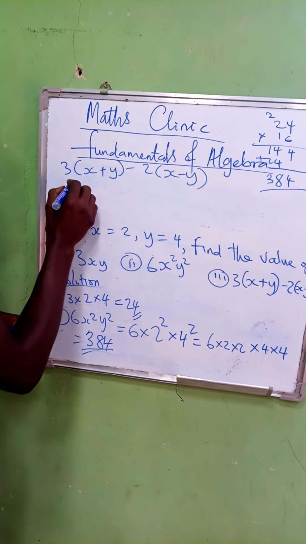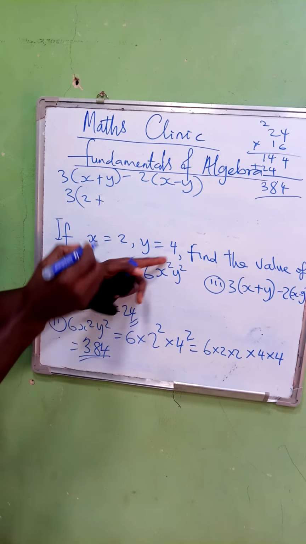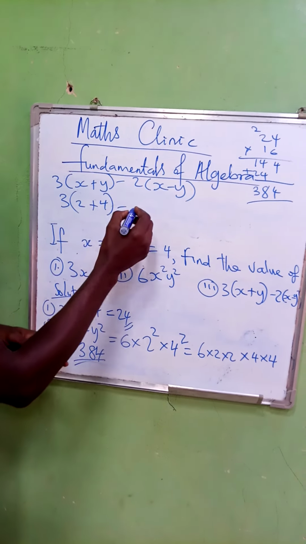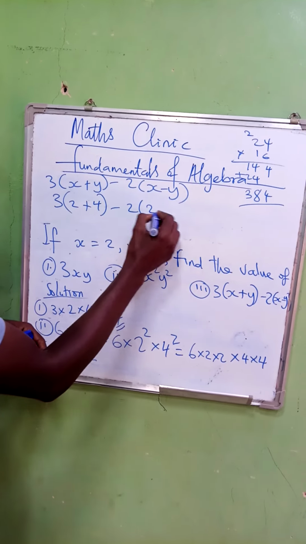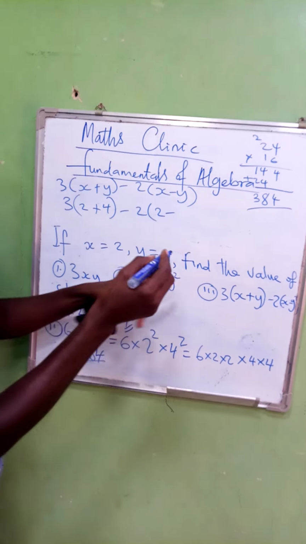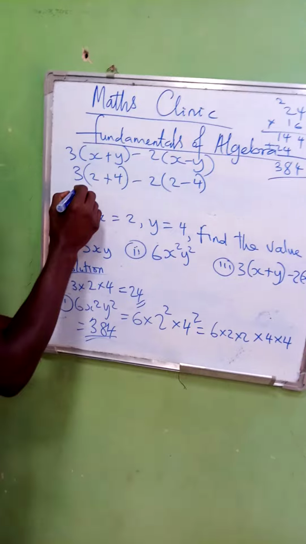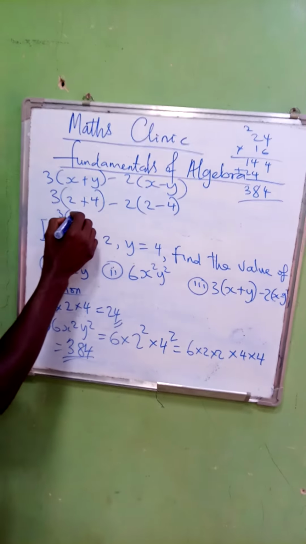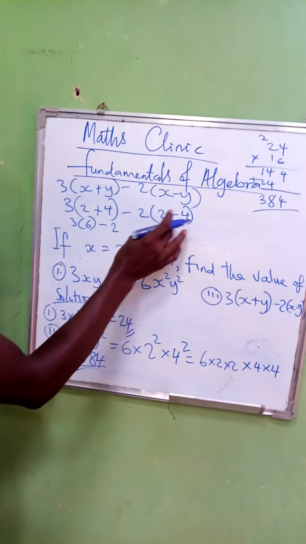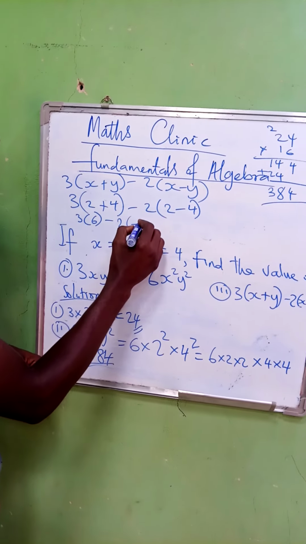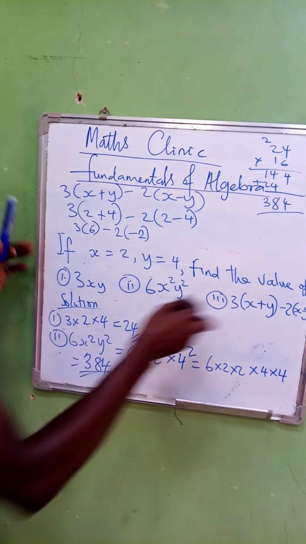And that will give you 3 into the value of x, which is 2, plus the value of y, 4, minus 2 into the bracket of the value of x, which is 2, minus the value of y, which is 4. Alright, so here we have 3 into 2 plus 4 will give you 6, minus 2 into 2 minus 4 will give you minus 2.